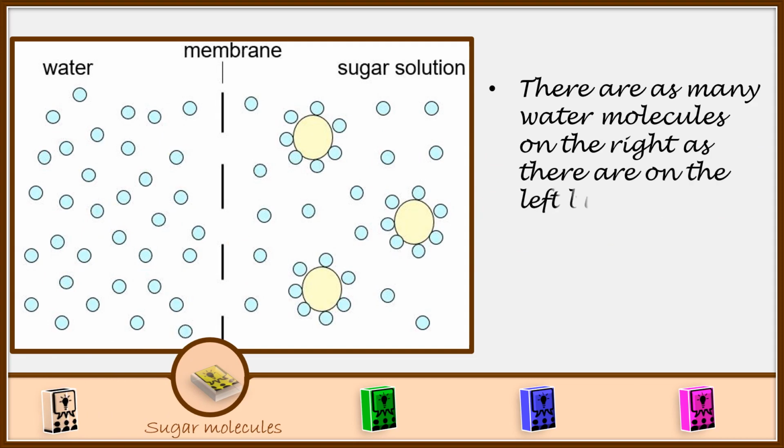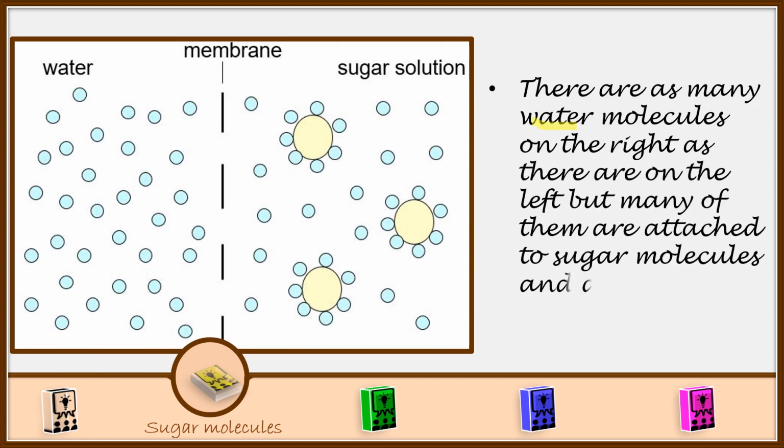There are as many water molecules on the right as there are on the left, but many of them are attached to the sugar molecules, and therefore they are not free to move.